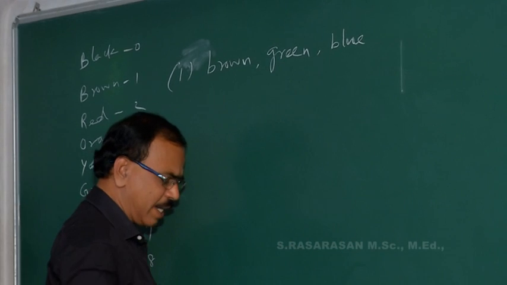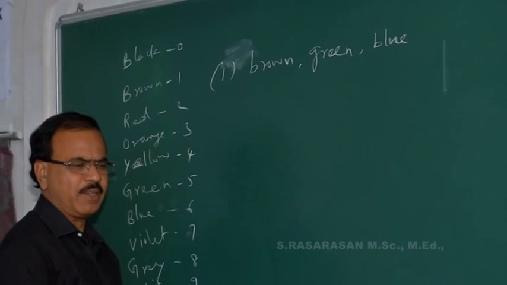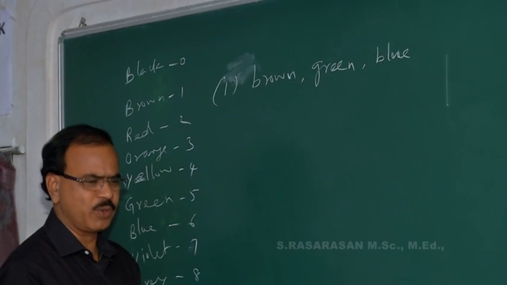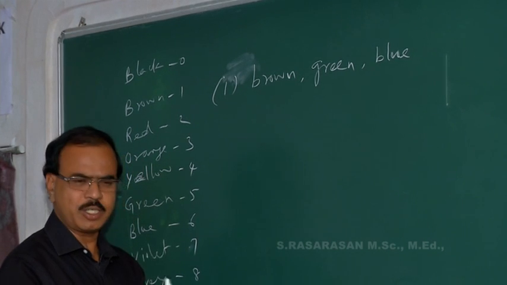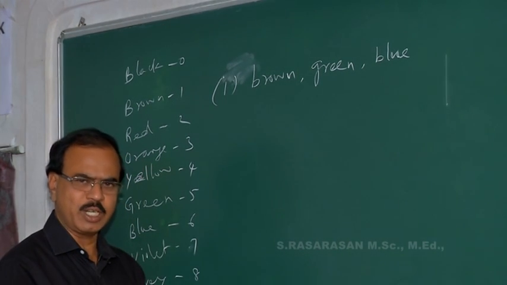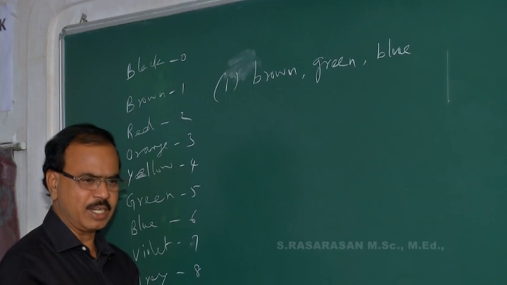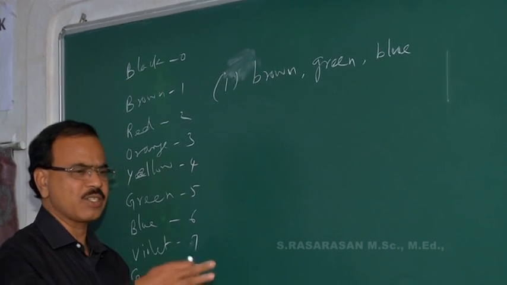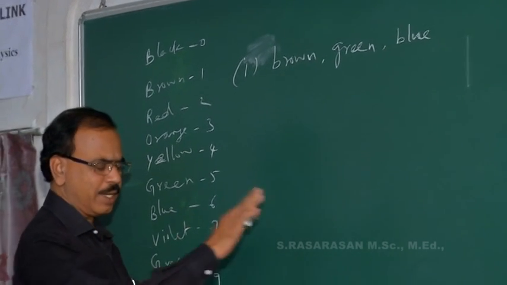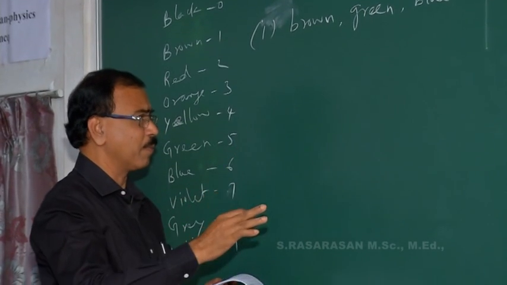Here the tolerance ring is not given. If it is not given, the tolerance value is plus or minus 20%. In both resistors it is plus or minus 20%. We need not bother about the tolerance ring. Since they ask for a ratio, it will cancel out. Just the value of resistance is enough.